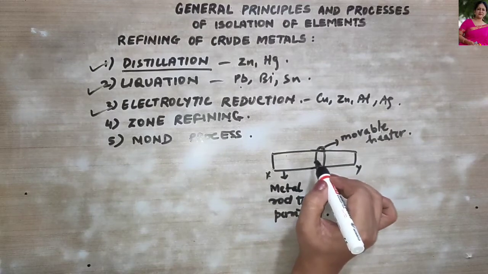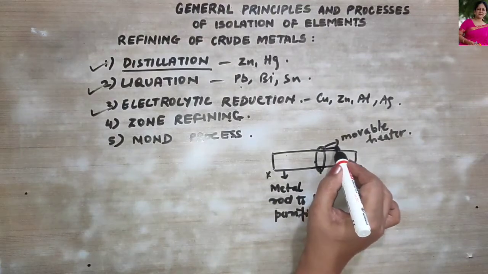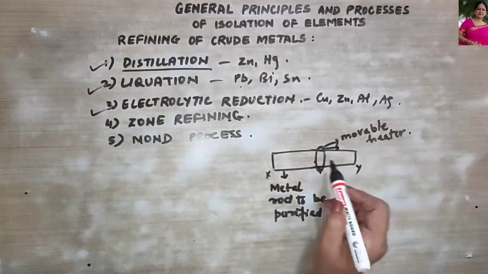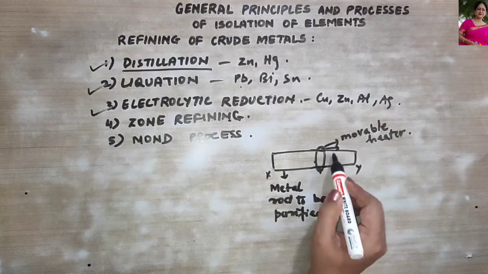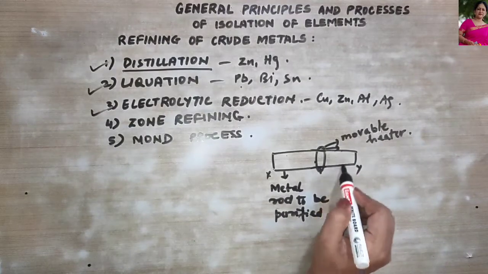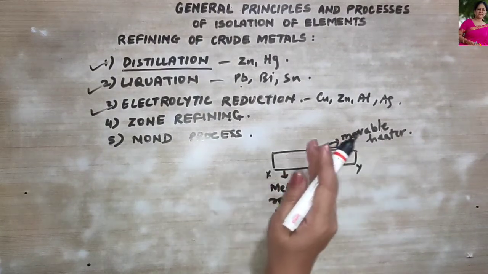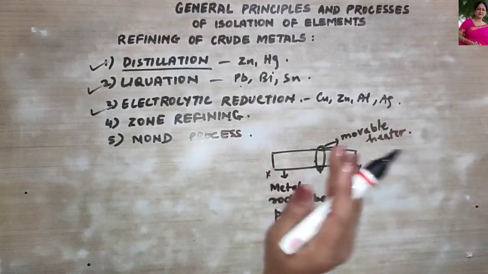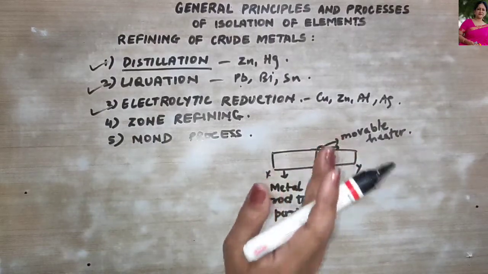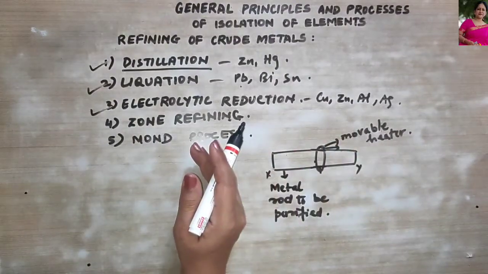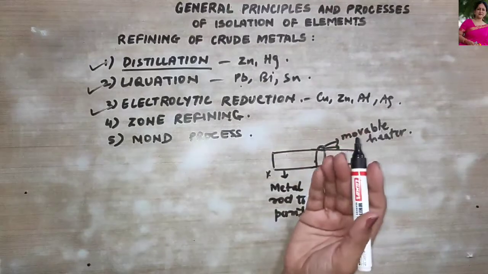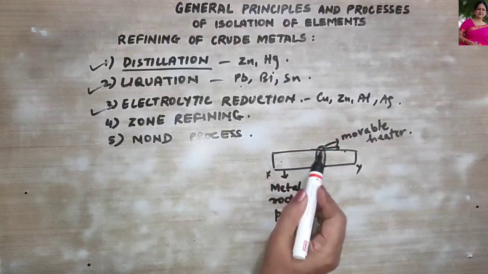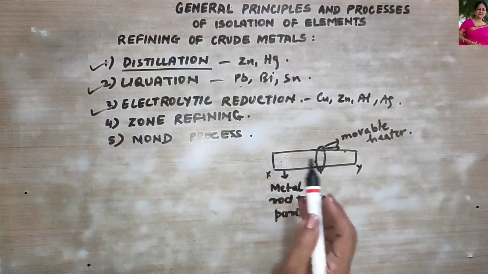As the heater moves forward, the molten zone also moves forward, and now this zone is going to melt. As this heater is moving forward, the molten zone is also moving forward. But the portion that is left behind the heater gradually solidifies. As this heater is moving, the back part of it is gradually getting solidified.